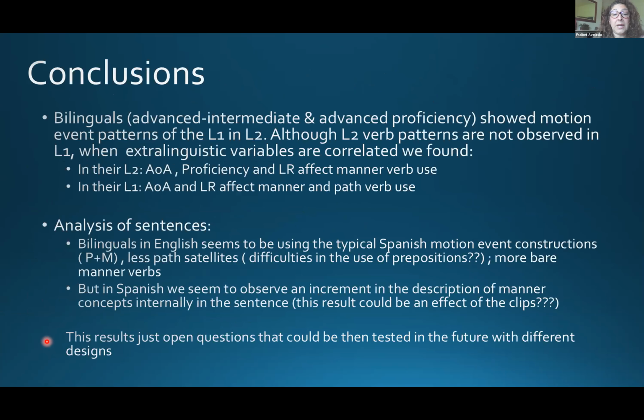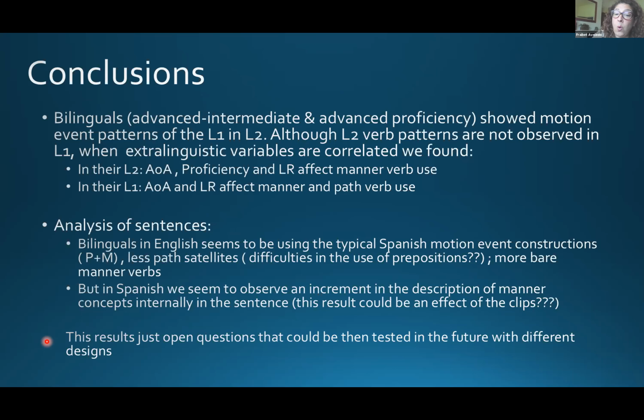So in conclusion, so far we have observed that in these bilingual speakers, who are advanced intermediate and advanced learners, they showed motion event patterns of the L1 in the L2.